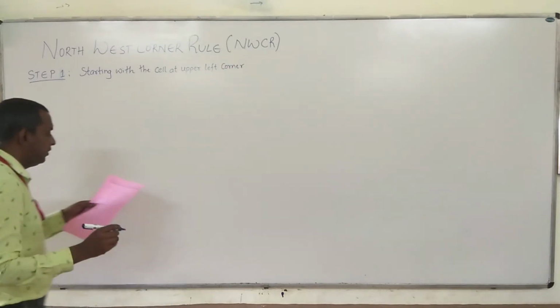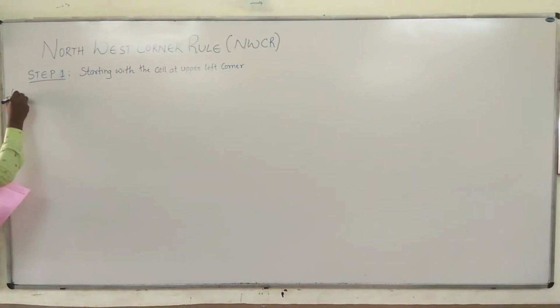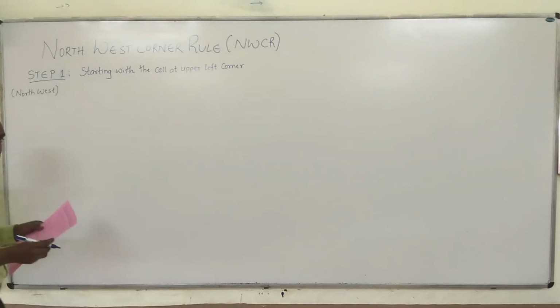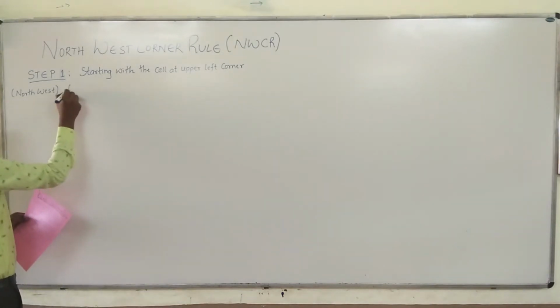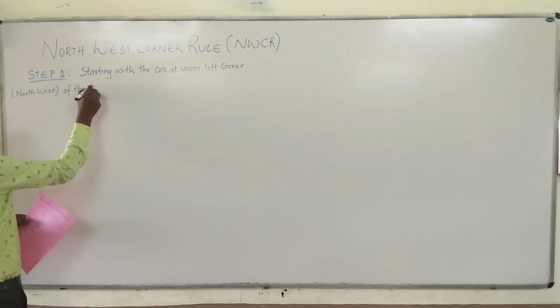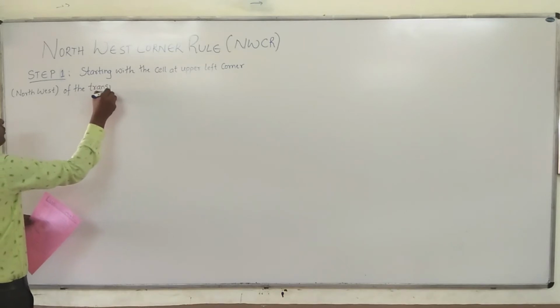Upper left corner. This is called the northwest of the transportation matrix.